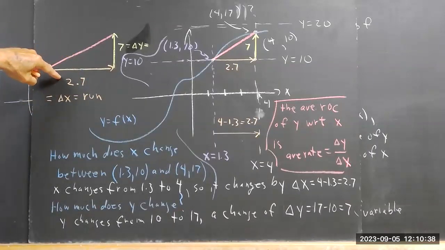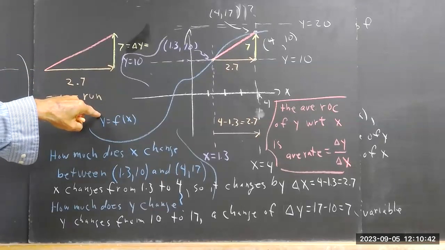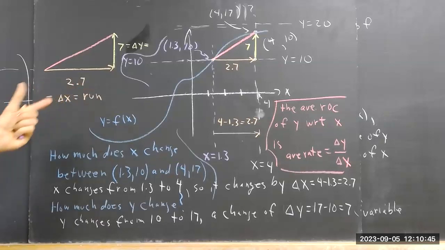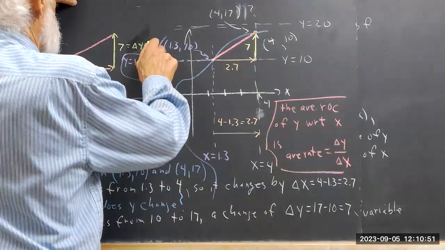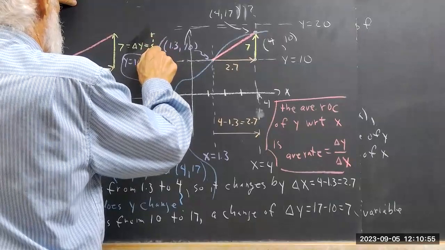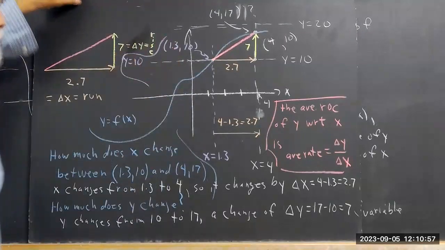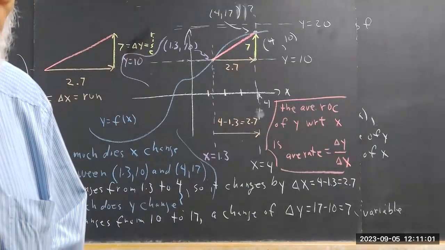I say 2.7 is your change in X. That's your run, if you look at it geometrically. Okay. 7, well, that's your delta Y, which is right at this point, rise. Okay.